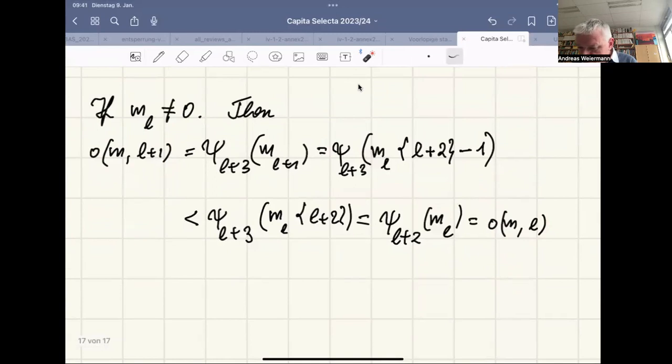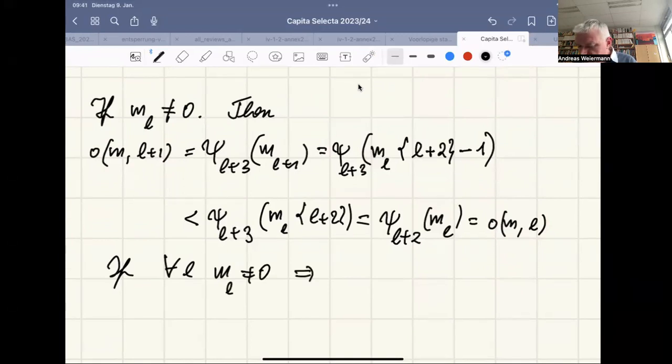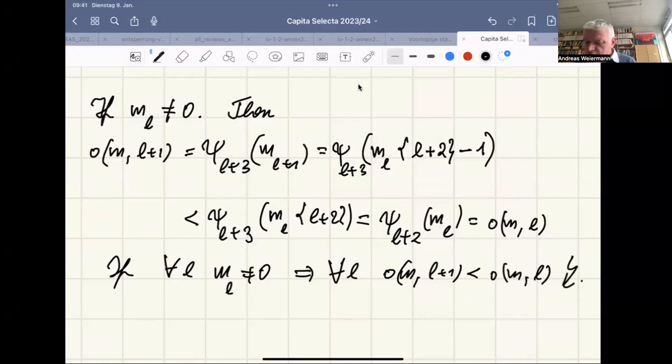So the conclusion is, if for all L, ML would be different from 0, then we would have for all L, O of M L plus 1 smaller than O of ML, a contradiction. Therefore, this is wrong. There exists an L such that ML hits 0. That's good.